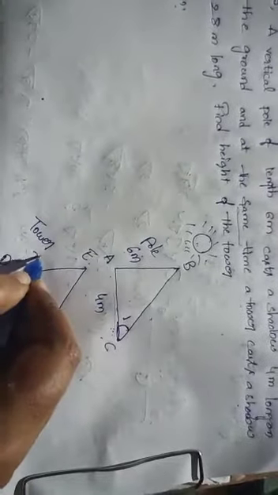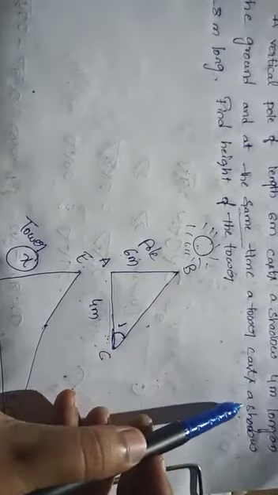Suppose D is a tower. We don't know the height of the tower, so let X be the height of the tower, and the shadow of tower is 28 meters long. Angle of elevation of sun is angle 2.